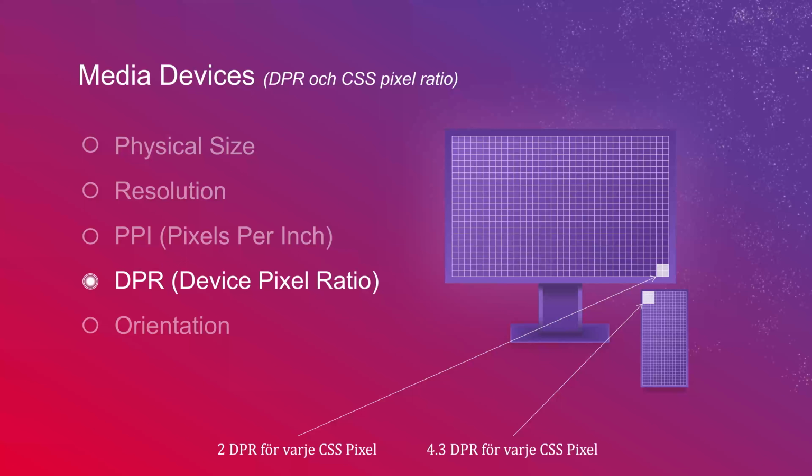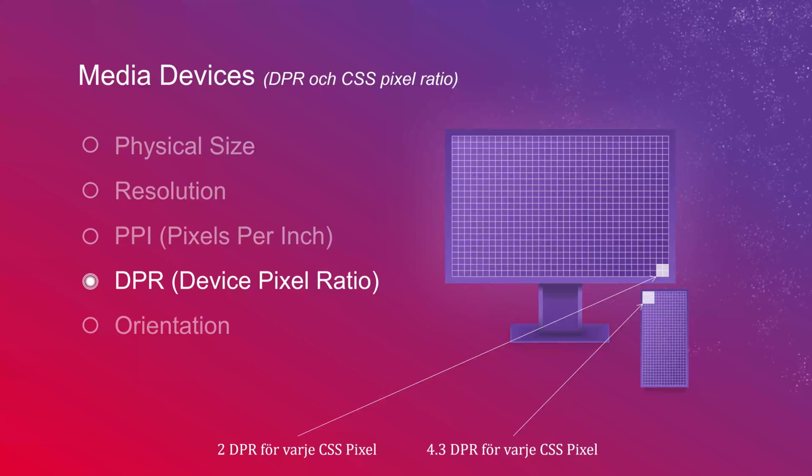But the representation of how many pixels are within each one of them is different. So for example, there's going to be 2 DPR on the desktop and then 4.3 DPR, the amount of pixels within that square, in this mobile phone. So instead of using inches, which is really impractical when you have everything digital, you convert it into so-called device pixel ratio.